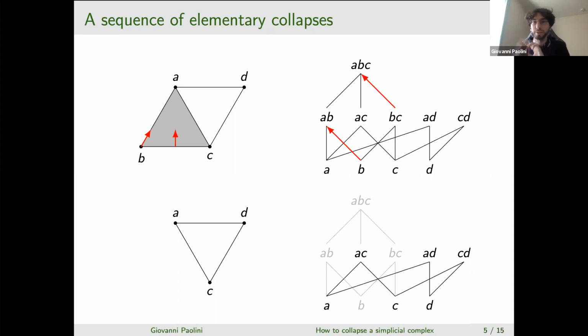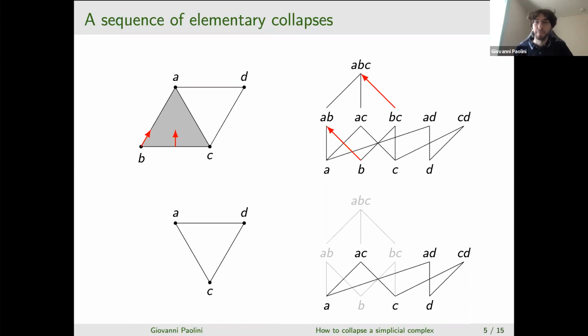Once it disappears, it's no longer there. So we basically, with some criterion yet to be made clear, chose some edges forming a matching, and we made all the matched simplices disappear.